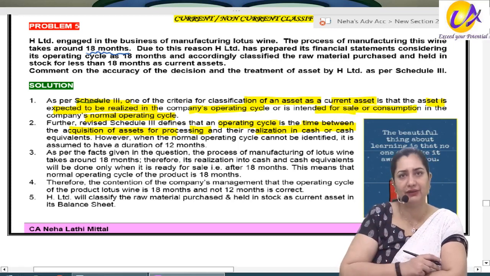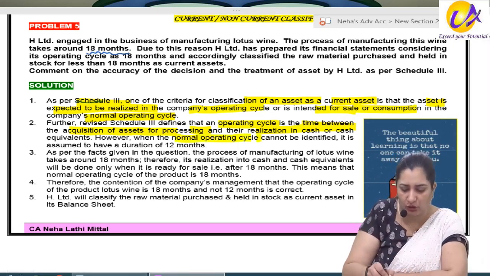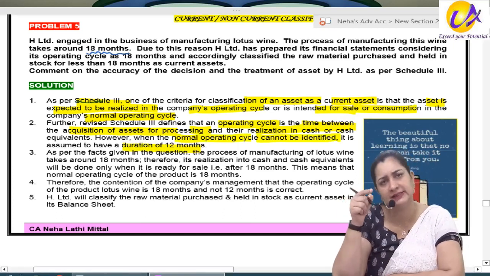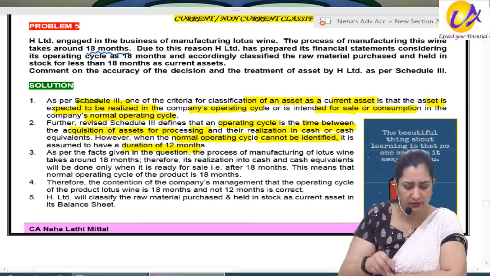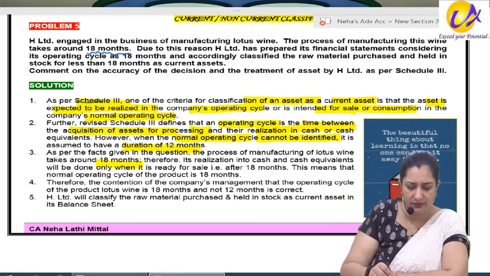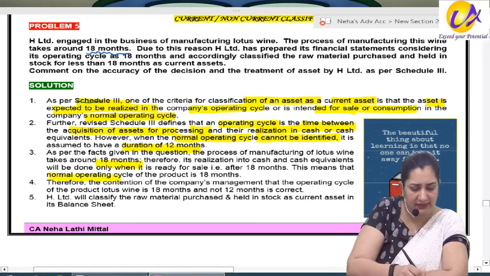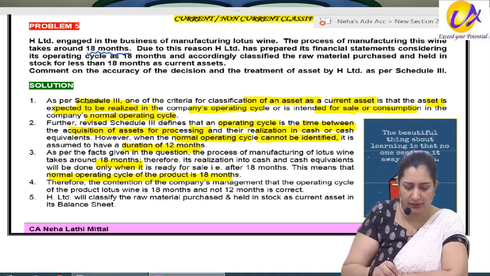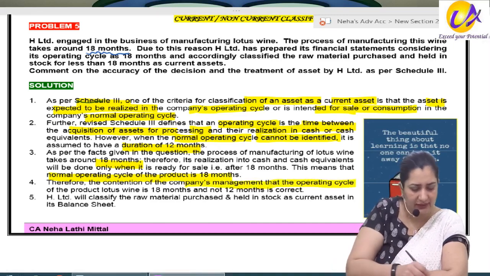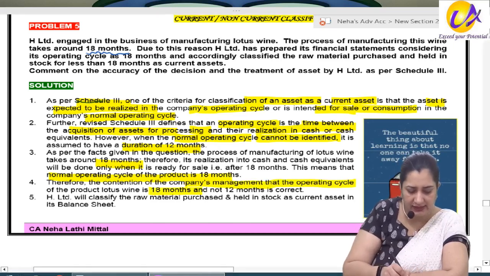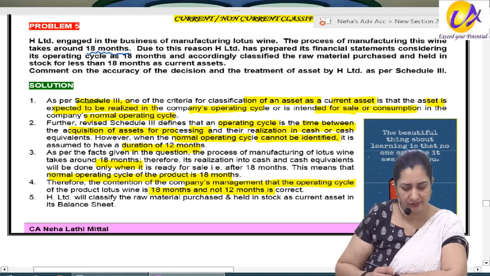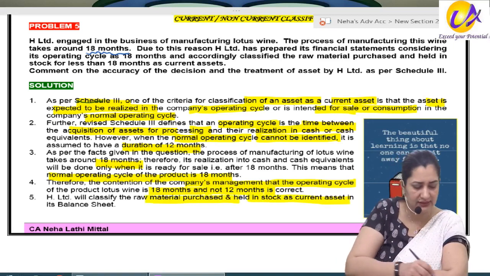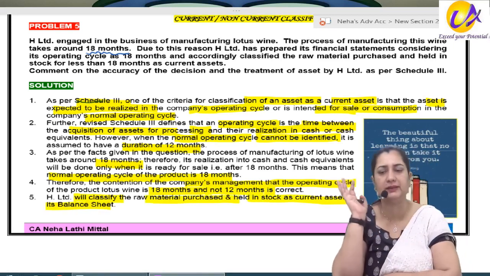If the operating cycle cannot be identified, we assume it to be 12 months. But here we can identify. It is given as 18 months. Therefore, the normal operating cycle is 18 months. So the company is correct that the operating cycle is 18 months and not 12 months. What they have done is proper. The material purchased and held in stock is a current asset. They will show it as current only.